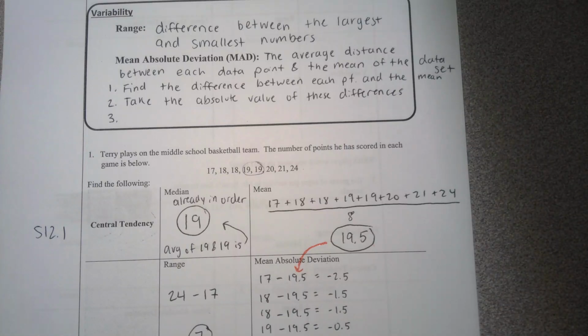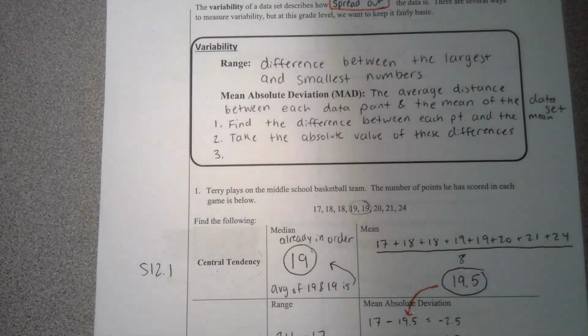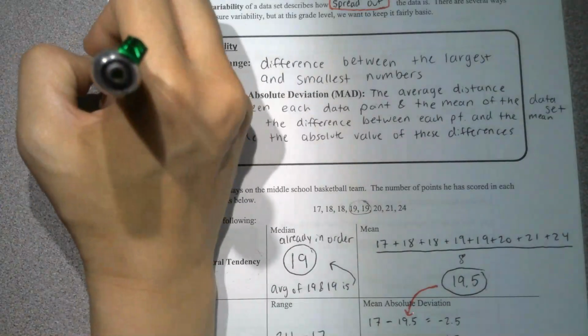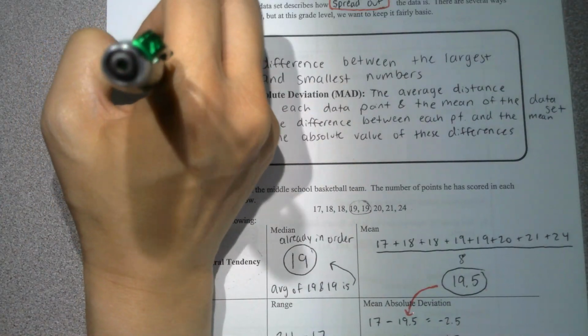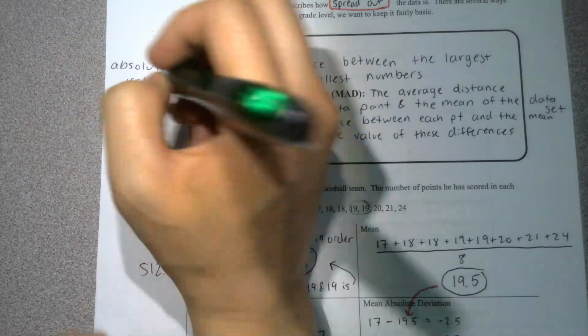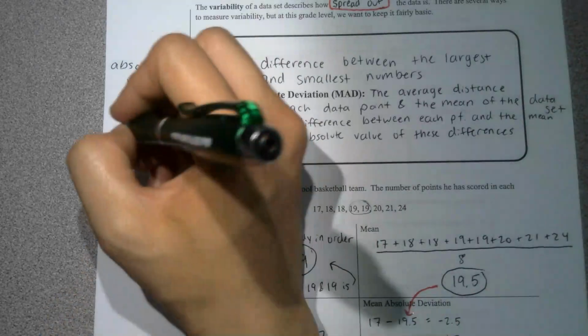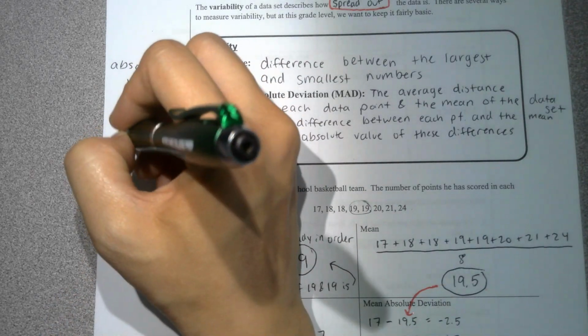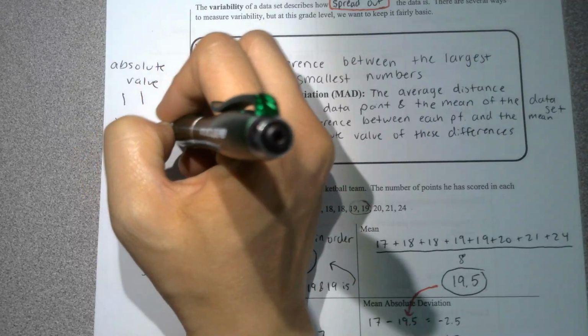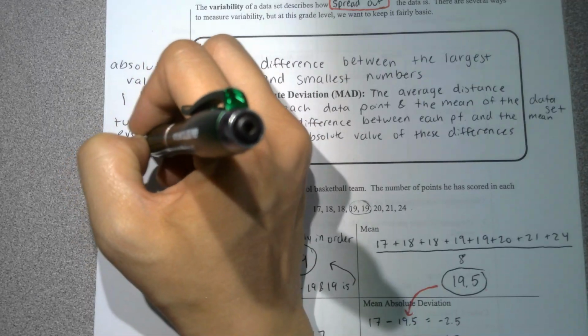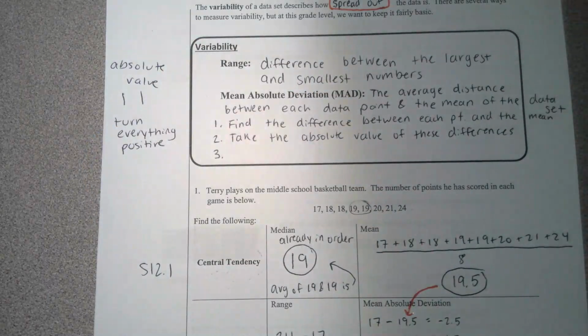If you don't remember what absolute value is, I'll put a note over here to the side. So these are the symbols for absolute value. They just turn everything positive. There's a more specific definition, but that's the easiest way to say it.